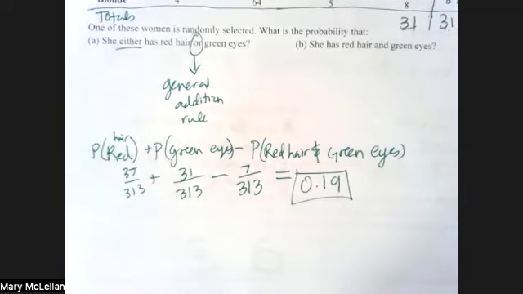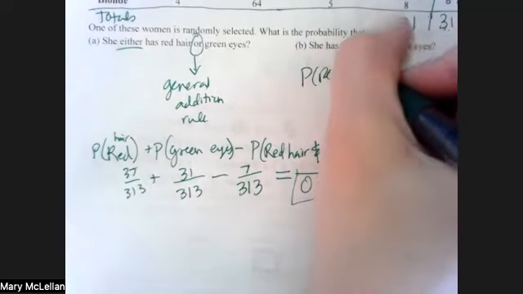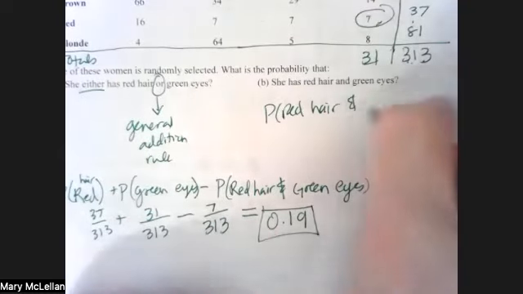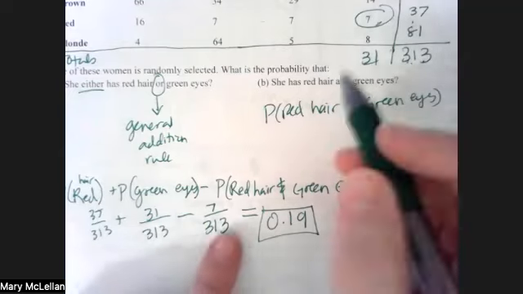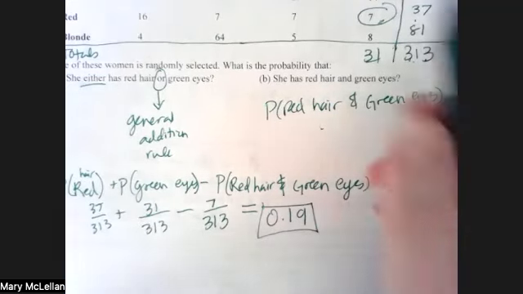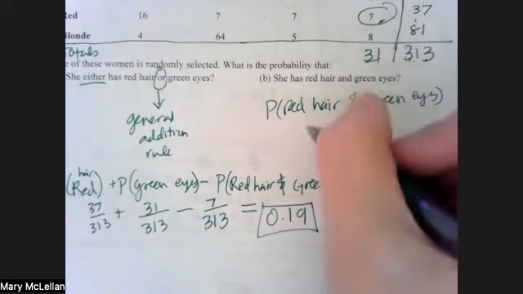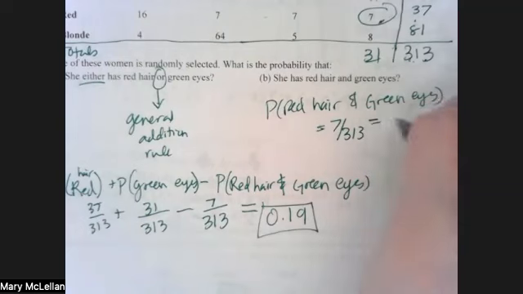Now, part B says, what is the probability that somebody has red hair and green eyes? And we actually found it when we were doing this one. That's the probability that they have red hair and green eyes, which is the intersection, 7 over 313. And that equals about 0.02.